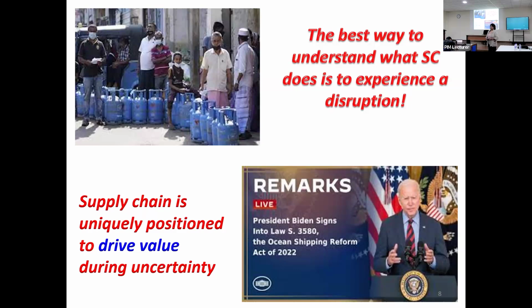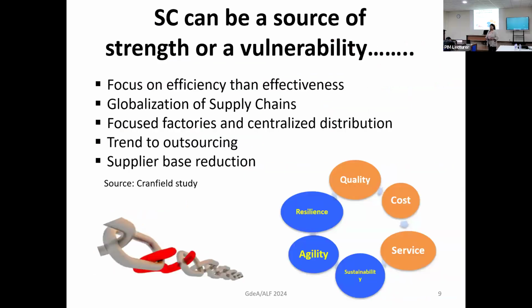That's an opportunity for you to really relook at the supply chain and see how we can come out of it. Because that will help you to relook at what's happening. What are the vulnerable points in your supply chain, which you may not have thought about earlier, right? So supply chains can be a source of strength as well as a vulnerability. So you need to know what the weak linkages are, right?